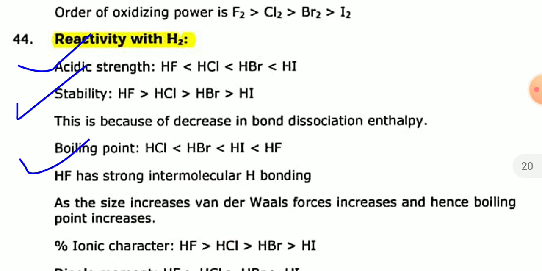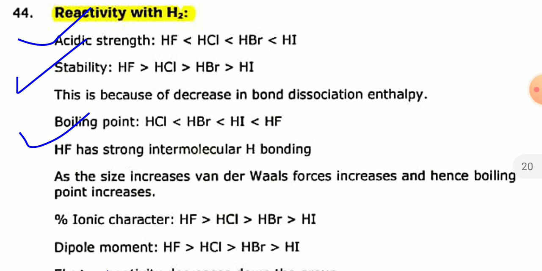Now, reactivity with hydrogen. All halogens react with hydrogen and form hydrogen halides like HX, that means HF, HCl, HBr, HI.